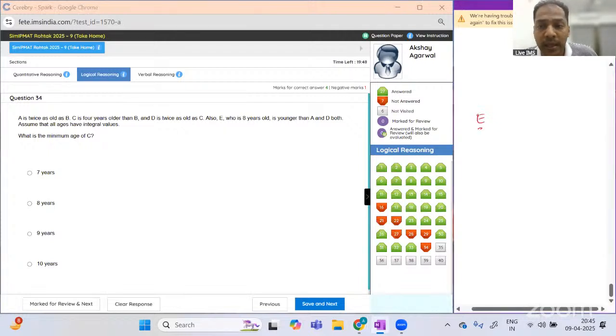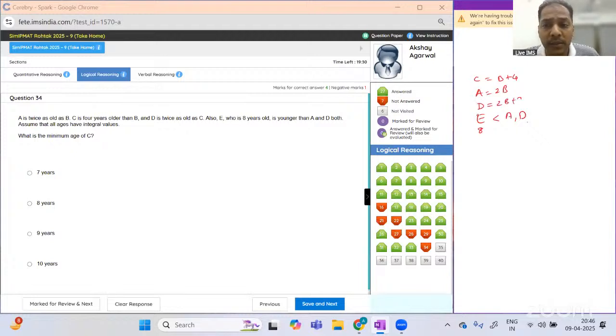Okay, E is 8. 8 is less than A and D. So A is equal to 2B. C is equal to B plus 4. D is equal to 2 times of B plus 8. E, who is 8 years old, is younger than A and D both.